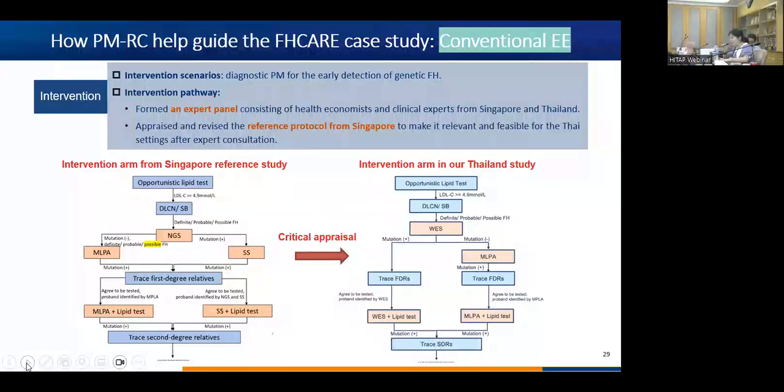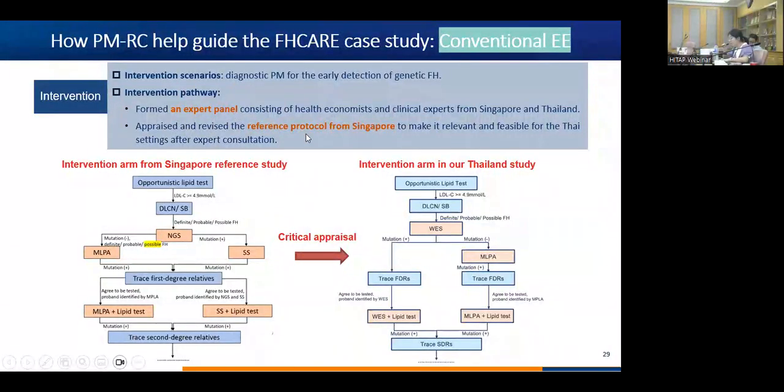As for the conventional EE, this analysis focuses on a diagnostic test for the early detection of genetic FH. In line with our PMRC recommendation, we first formed an expert panel consisting of health economists and clinical experts from Singapore and Thailand.